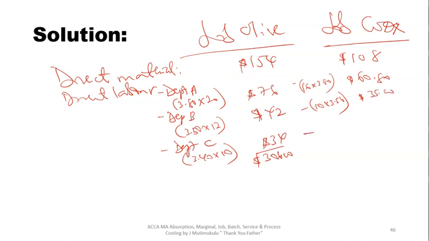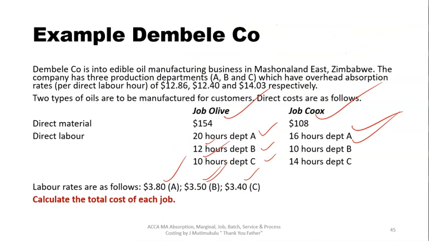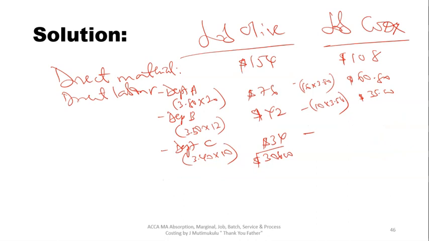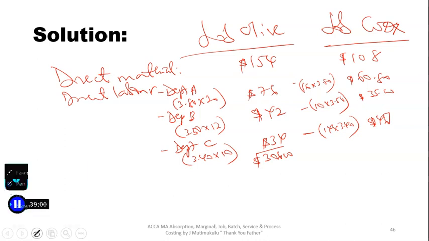We move on to department C. They worked 14 hours at $3.40, and this must give us $47.60.